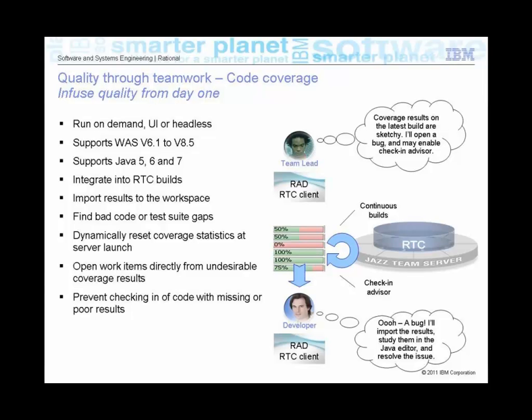RTC can enforce that for you, and you might set it at a very low level, but over time potentially increase the percentages that are required. So I think this is a really nice combination of trying to help development teams improve the coverage and the quality of the code that they're building.